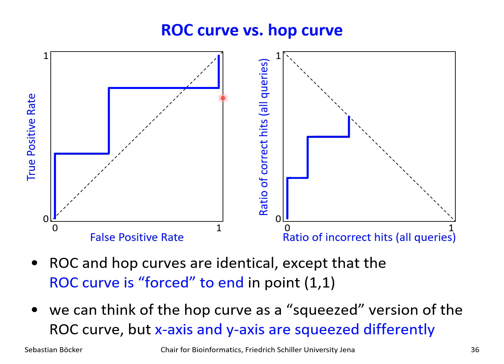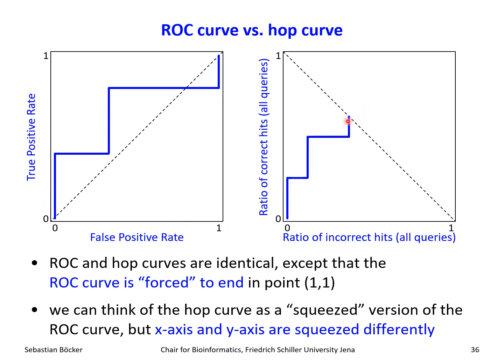In a ROC curve, you always end up in this point, 1, 1, no matter how many correct hits are among all queries and how many incorrect hits are among all queries. But in principle, this is exactly the same curve, except that we squeezed it a little bit here.